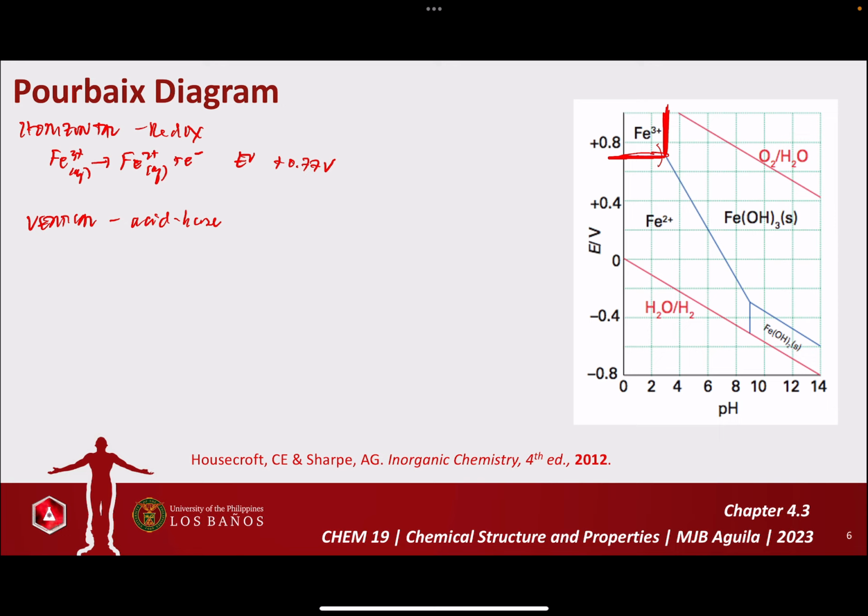So it is a proton transfer. We can see it's the conversion from ferric Fe3+ to Fe(OH)3. So the equation that we can designate there would be this one.